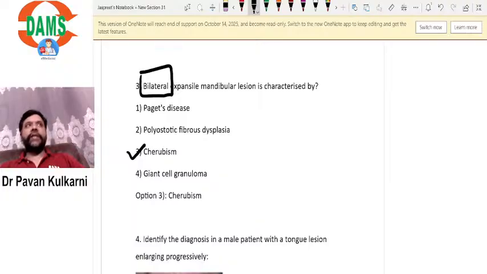Later it spreads to involve the maxilla also. So it's a bilateral expansile lesion. You have to remember that expansile means it also has radiolucency, multilocular radiolucency.